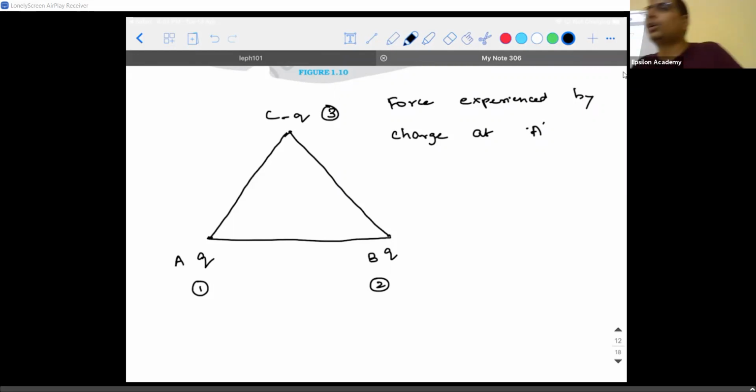So the force will act along the line joining both the charges. I told you this important point, never forget that, okay? So it will act along the line joining both the charges. What should be the notation I need to give for it? Force experienced by the first charge due to the third, F13 or F31?